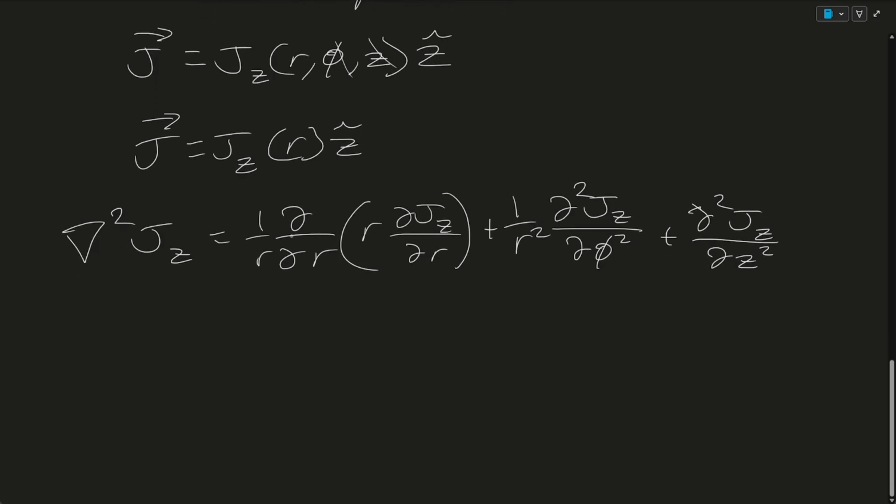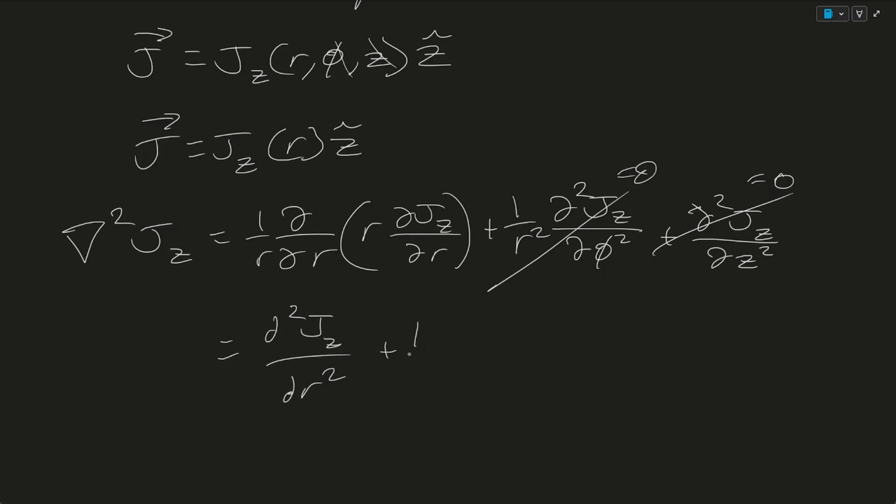And our symmetry conditions again make this slightly trivial because that's equal to 0. That's also equal to 0, so we lose both of those. And hence this is just d squared Jz/dr squared plus 1 over r dJz/dr, just from expanding that.